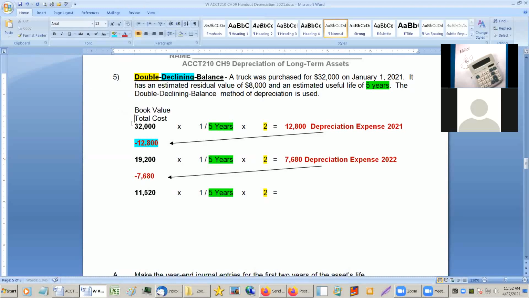At the beginning, it's going to be the 32,000, but I start with the total cost. You don't take out the residual. Okay, so 1,520.